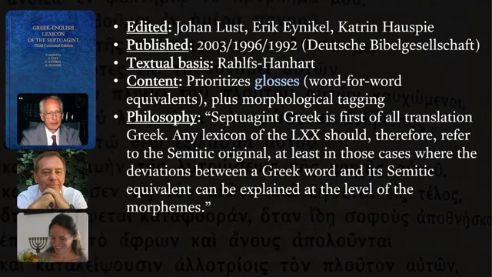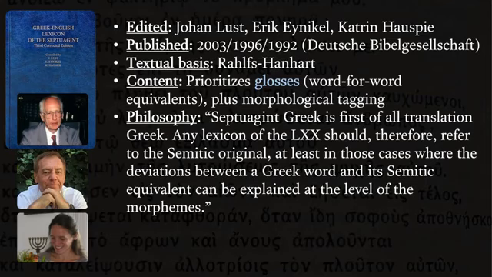How should we understand a given word in, say, the Greek of Genesis? Should we understand it more from the perspective of the translator in 200 BC or whatever, and how they were thinking through, okay, here's the Hebrew word I have, and how should I bring it out in a Greek equivalent?